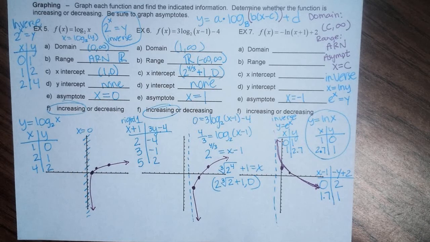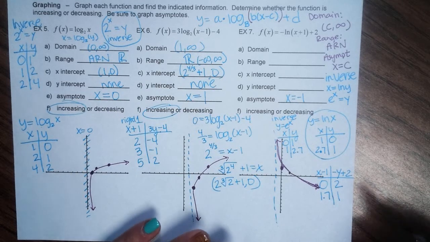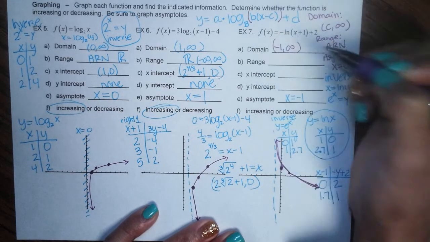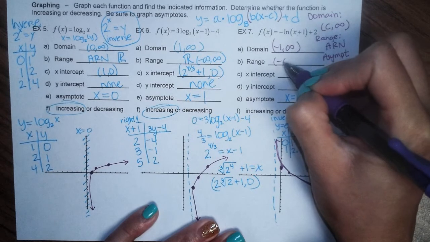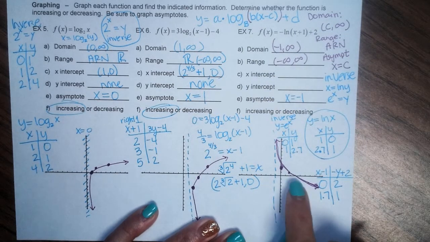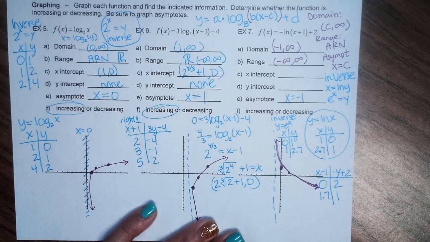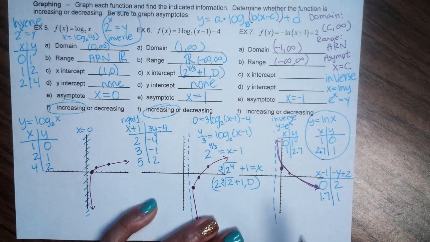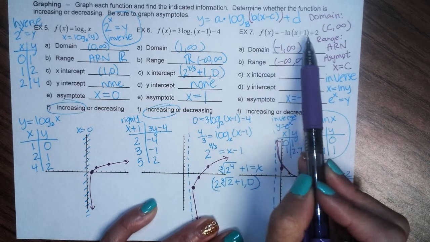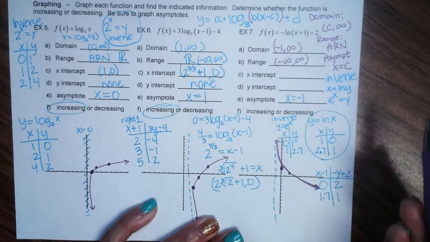And now you just have to answer the questions, such as the domain. That's going to be from negative 1 to infinity. The range is always all real numbers. The x-intercept, I don't know. We're going to have to find the x-intercept by looking at your function, plugging in 0 for y, and solving for x the way I did on number 6.